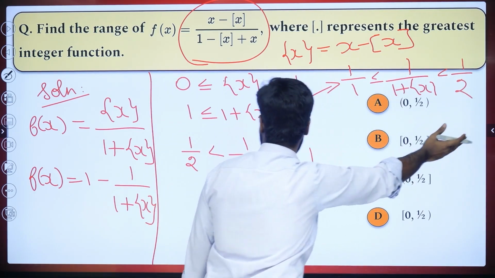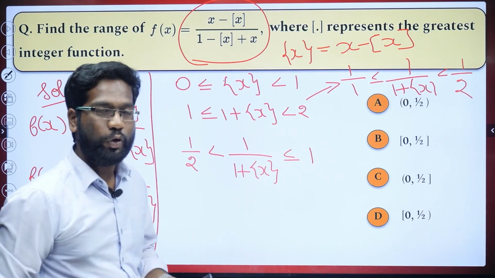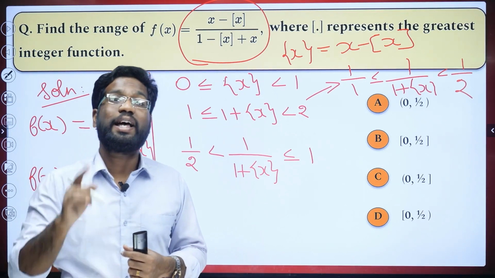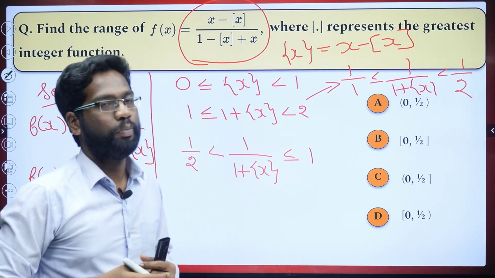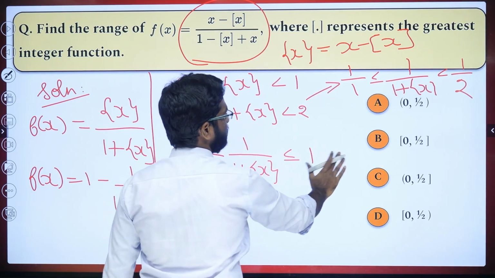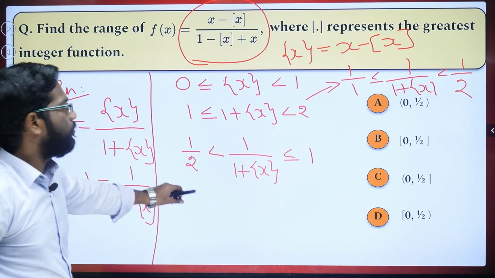So I just replaced the 1 by 2. Whenever you take the reciprocal, or multiply with a negative, the entire values change as well as the inequality. So now I have taken 1 as the greatest and 1 by 2, 0.5, as the least. This is how it has become.